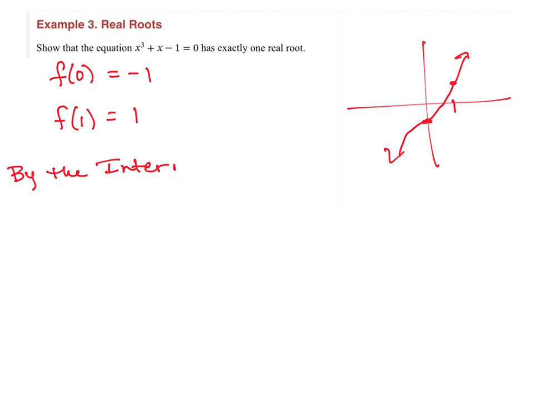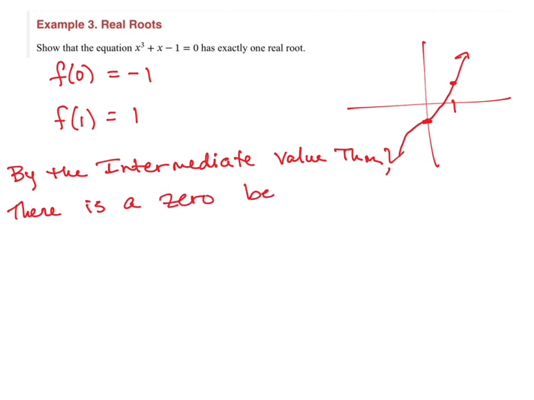By the intermediate value theorem, there is a 0 between 0 and 1, between x equals 0 and 1.